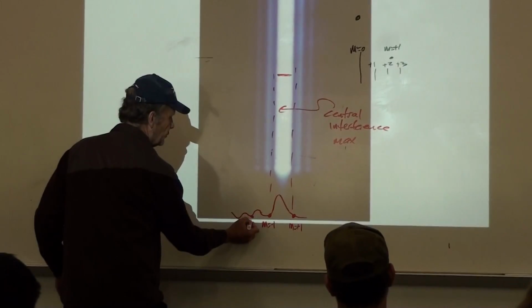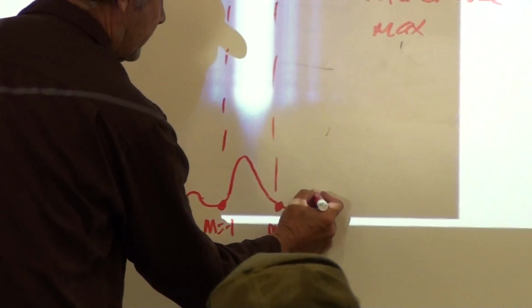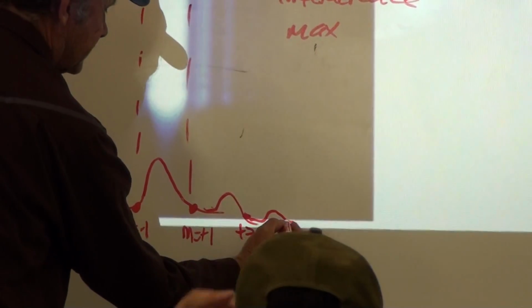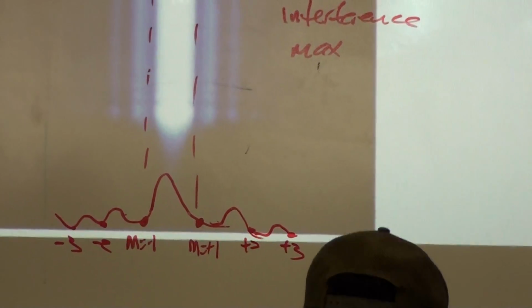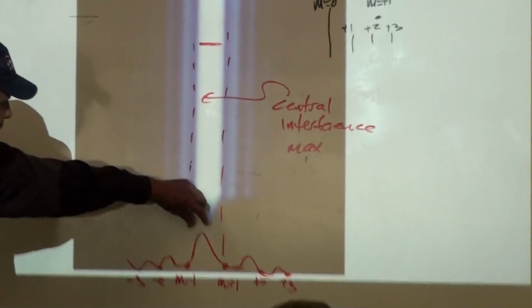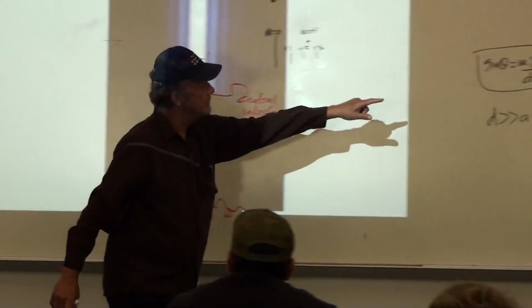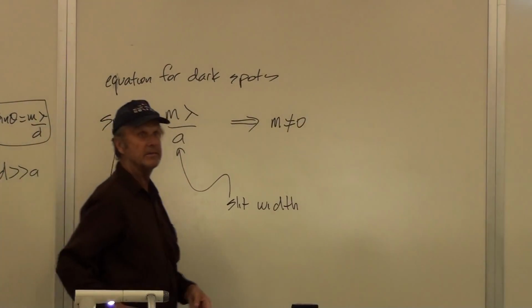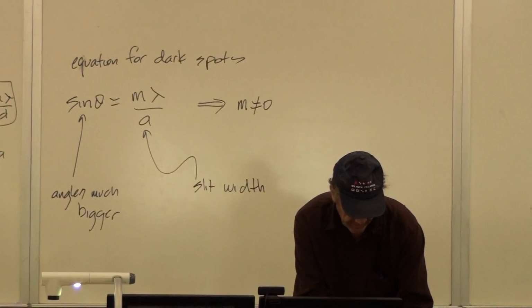So this would be m equals minus 2, m equals minus 3. This would be m equals plus 2, m equals plus 3, etc. And so we get a bright central spot, but then here we get the positions of the dark spots. And so this destructive interference can wipe out our double slit diffraction pattern in certain places.